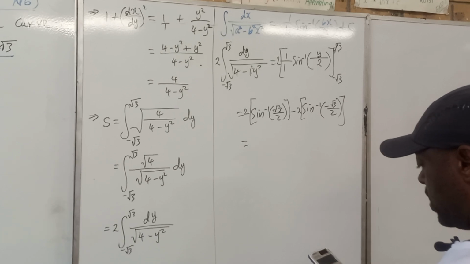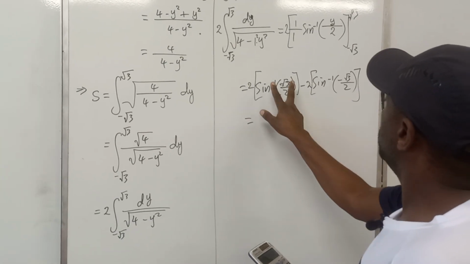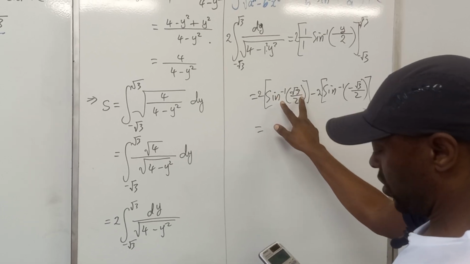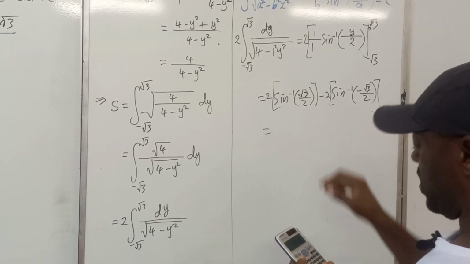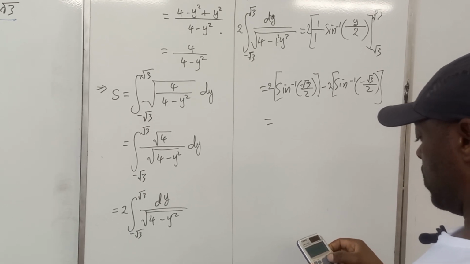So that's what I get. I've taken this arc sine of root 3 over 2 minus the arc sine of negative root 3 over 2. I'm just confirming that is what I've done.